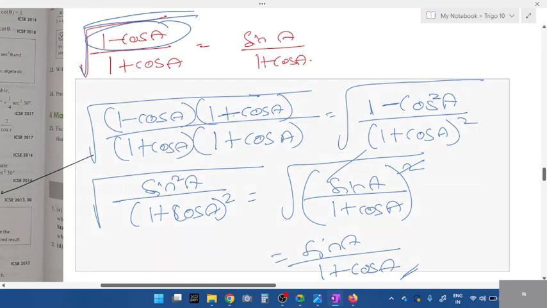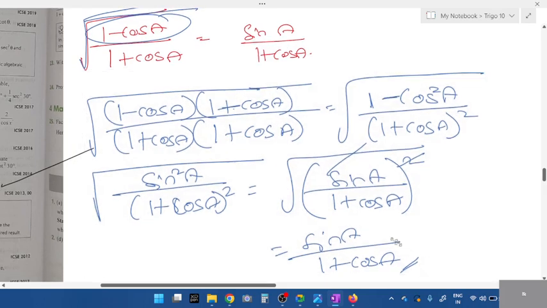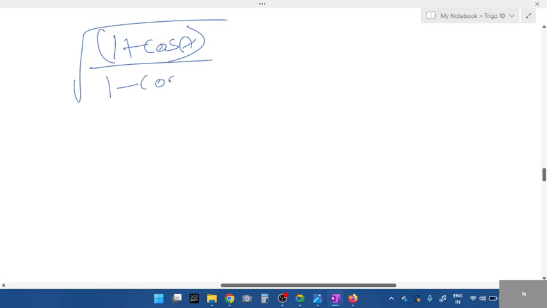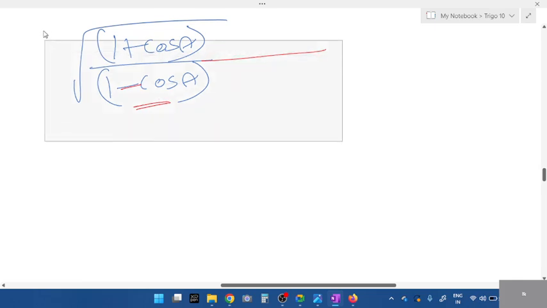Look here. Before solving this, just a minute. Stop writing. I'll tell you what is rationalizing denominator and numerator. Look here. 1 plus cos a divided by 1 minus cos a. If I want to rationalize the denominator, what is denominator value given? 1 plus or 1 minus? All of you respond. 1 minus, right?